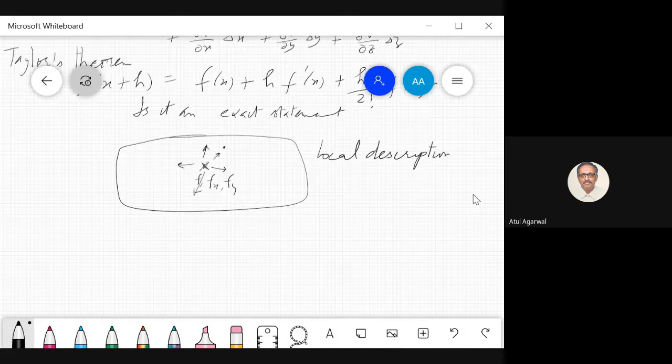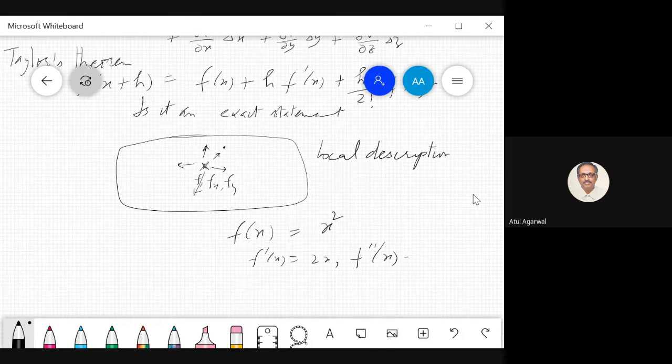Now I'll just take a simple case of a polynomial. What is f prime x? 2x. All higher derivatives are 0.